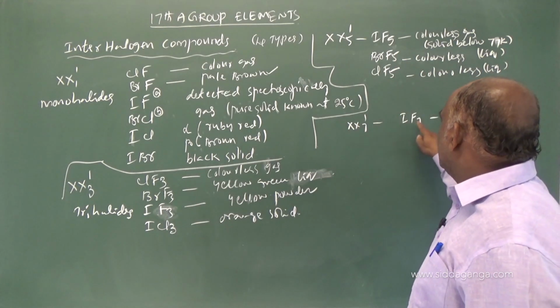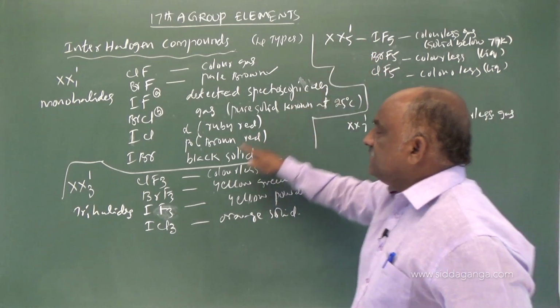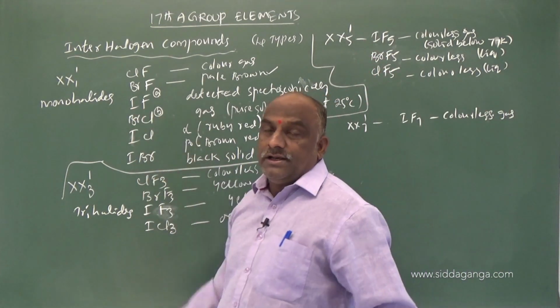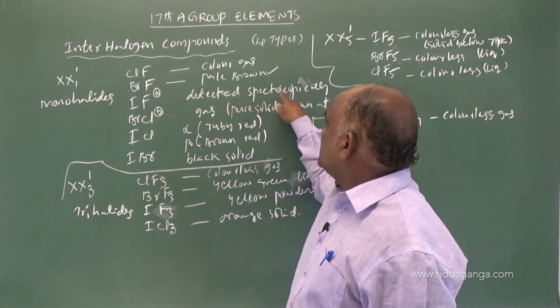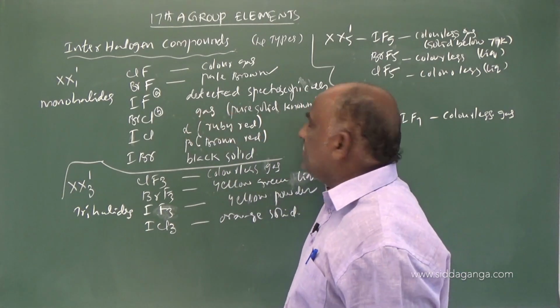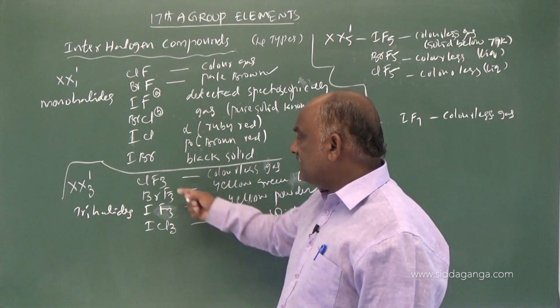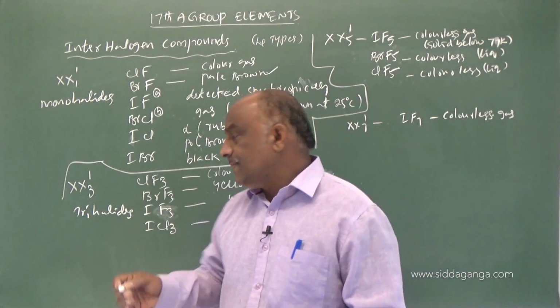XX7 dash: IF7, a colorless gas. Heptahalides, pentahalides, trihalides, monohalides. What does A mean? A is unstable, detected spectroscopically. What does B mean? B is a gas but a pure solid known at 25 degrees centigrade, and ICl3 is C. What does C mean? It is available in dimeric form.